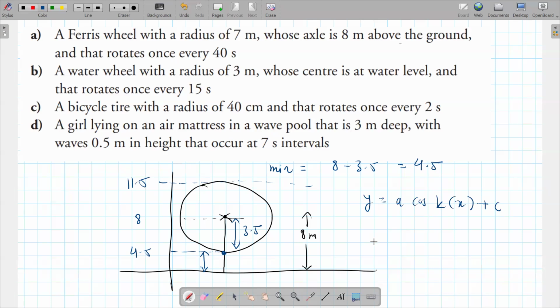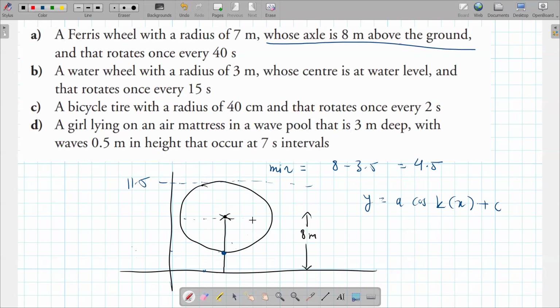I have a question. How do you have 3.5? Where did you get that from? Right. It said the axle, which I'm assuming is the center of the Ferris wheel, is 8 meters. So what I did, and then what else does it say? It says that the radius of the Ferris wheel is 3.5, right?